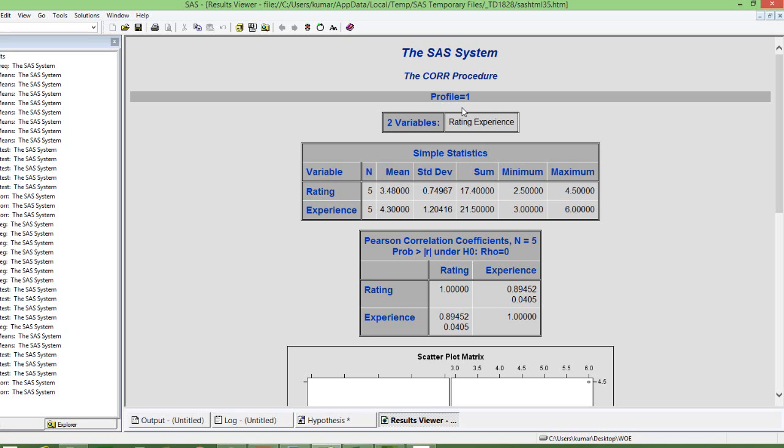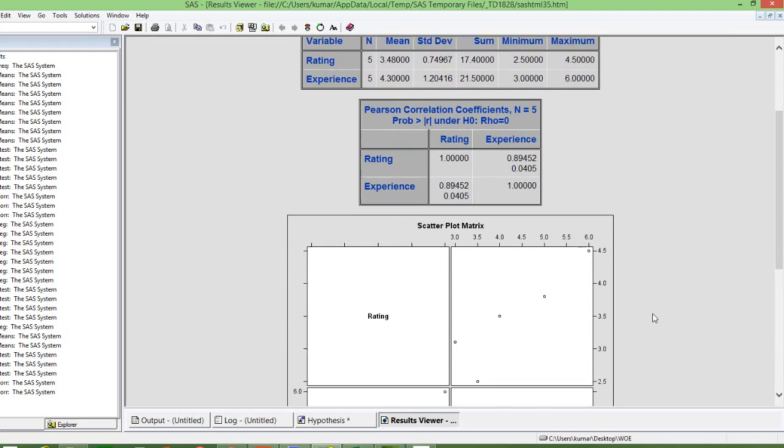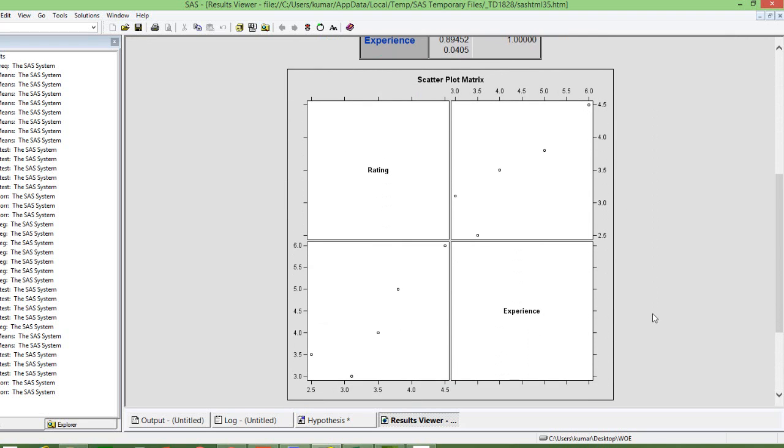That's why the correlation is close to 0.9. Okay, but for senior professionals, an extra year of experience doesn't really increase the performance rating that much. It does increase to some extent, but not to the extent that happens for the junior employees. Okay, and we can also see the plot in order to understand it better.